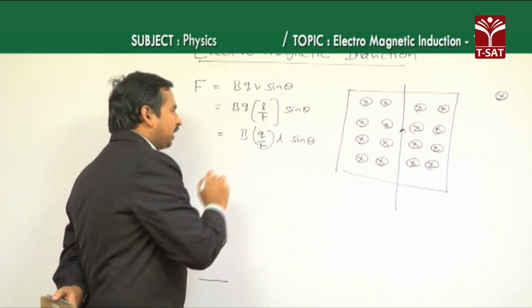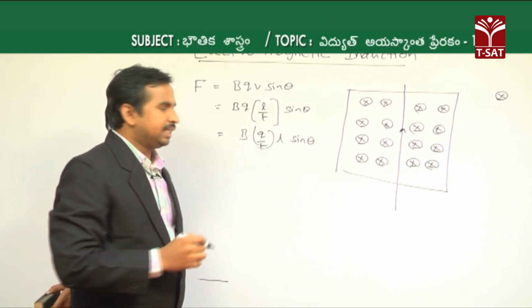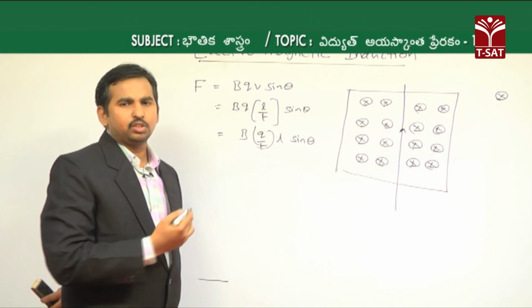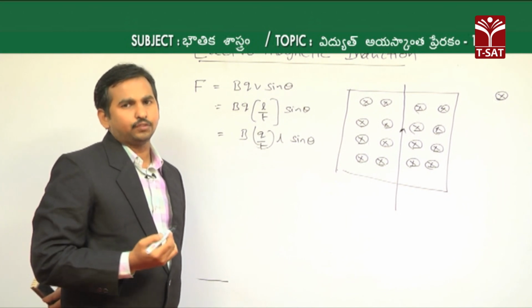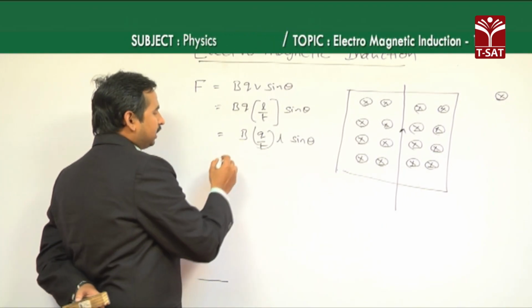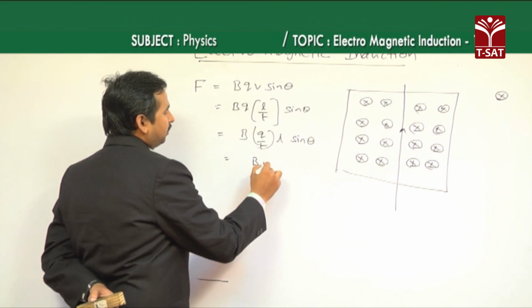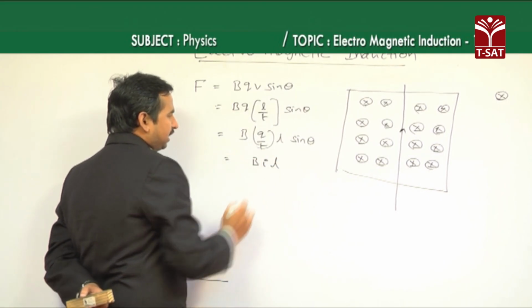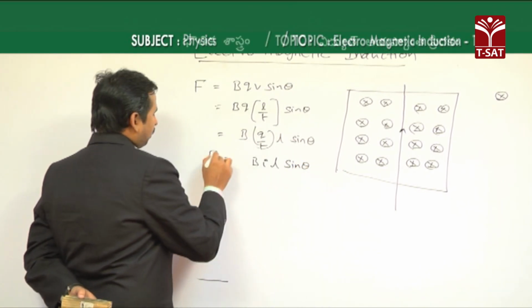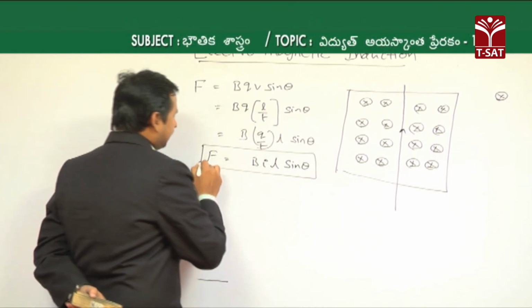Here Q by T is nothing but the charge flowing in the given time, the rate of flow of charge, which we know is called electric current. So we can write this equation as BIL sin theta. F is equal to BIL sin theta.